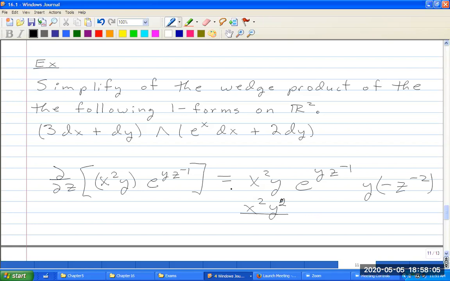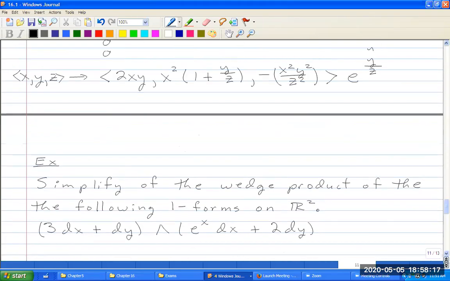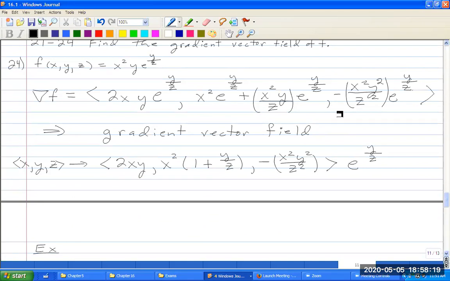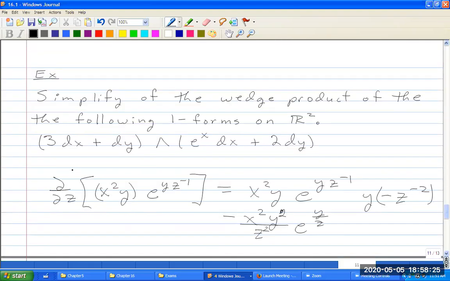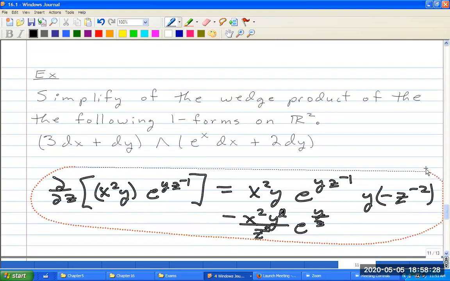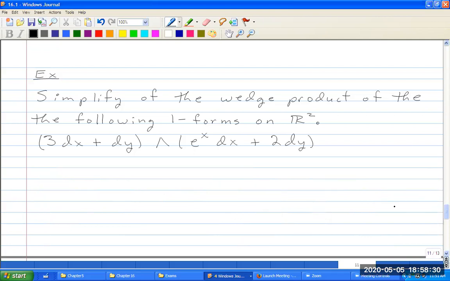I brought the negative outside, and instead of writing z to the negative 2, I wrote it as dividing by z squared times e to the whatever. And so that was your derivative. Okay? So that's how I took the derivative. Any other questions about that? Okay, good.